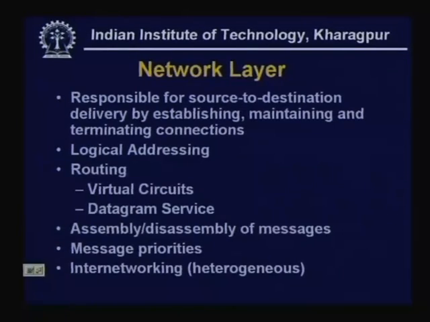Then it has to do routing, because the data will go through a number of communication systems. Examples are virtual circuit and datagram service, as I have explained. It will also do assembly and disassembly of messages.